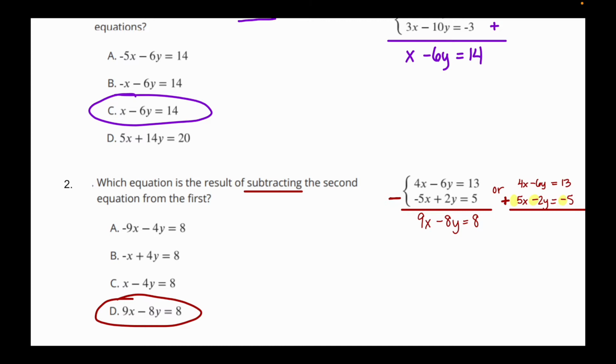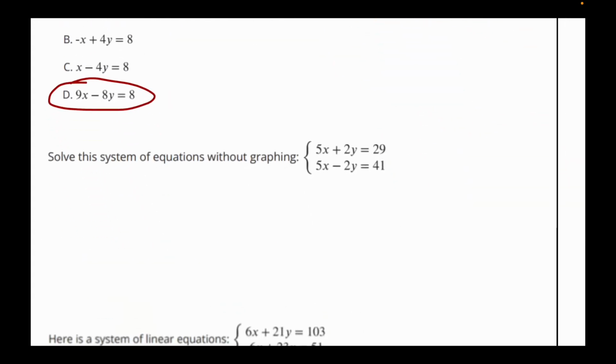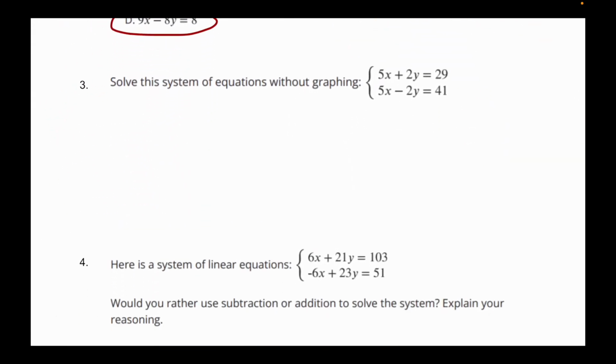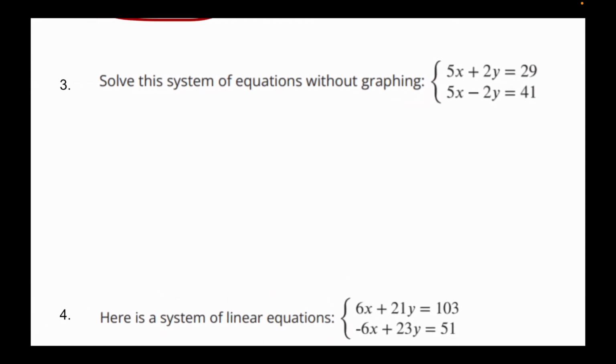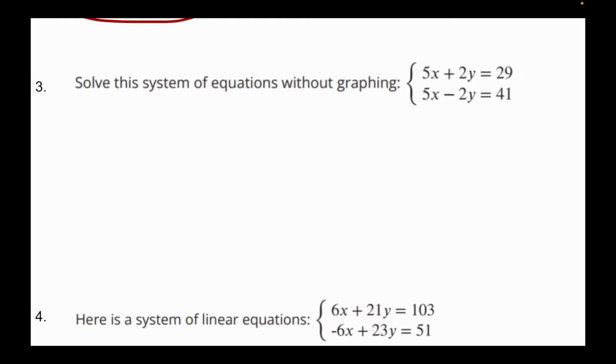Now, I'm not actually going to do this with substitution because substitution can be a little difficult, because we would have to solve one of these and get it equal to just x or equal to just y. But I will demonstrate how this one works for elimination.